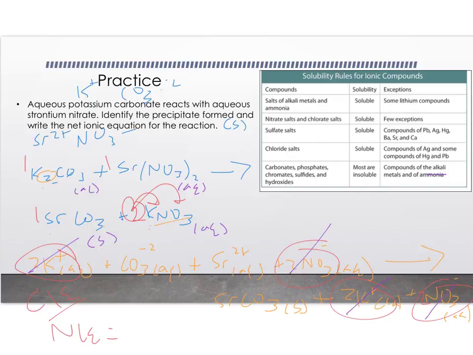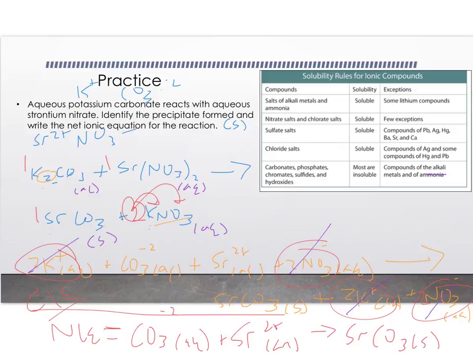So our net ionic equation for this aqueous reaction is CO3 -2 in aqueous form, combining with strontium, 2+ in aqueous form, is going to yield SrCO3 in solid form. So this equation at the bottom, that is considered our net ionic equation because these are the only species directly involved in the chemical reaction forming that solid coming out of that solution.